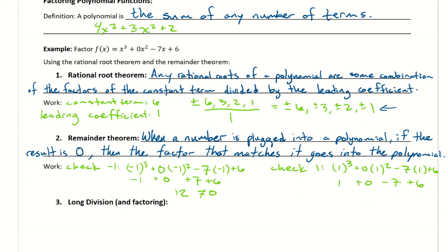And that actually adds up to 0. 0 equals 0. Therefore, 1 is a root. So my factor is going to be x minus 1, and that is according to the remainder theorem.